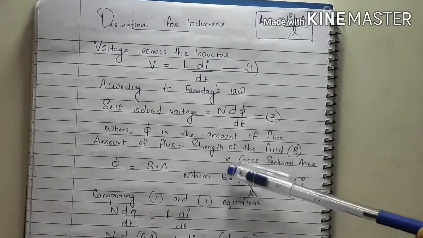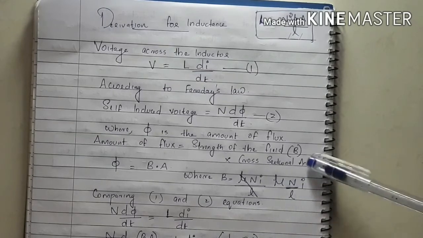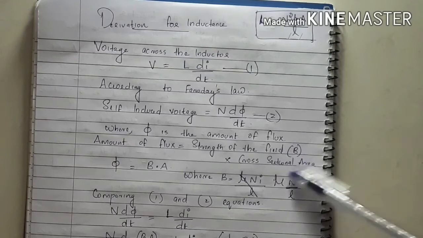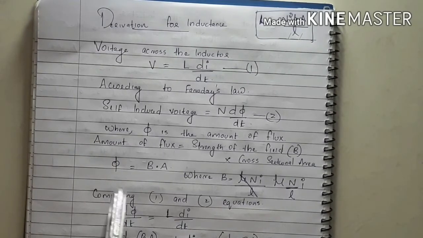This amount of flux can be written as strength of the field into cross-sectional area. That is, the strength of the field is capital B, and the cross-sectional area is A. So, the amount of flux phi can be written as B into A, where the strength of the field B can be written as mu N by l into I.